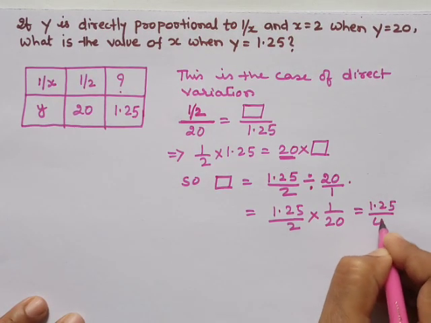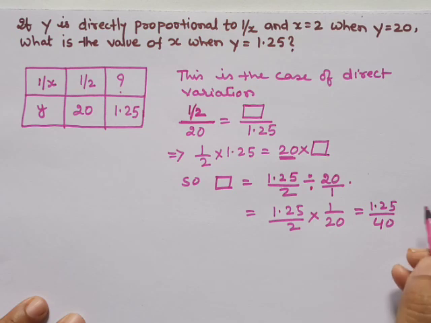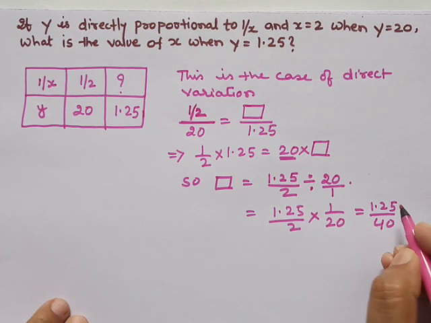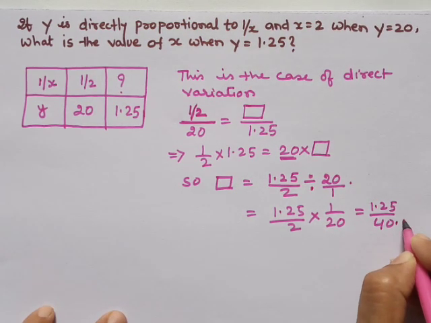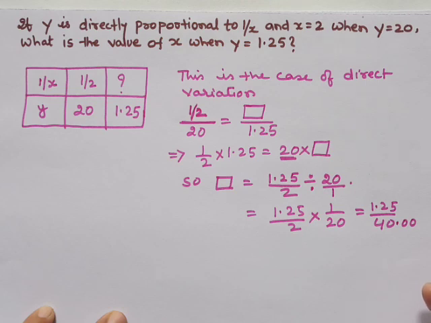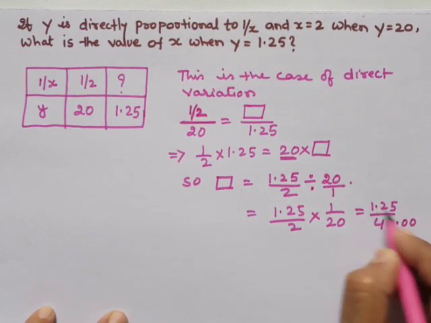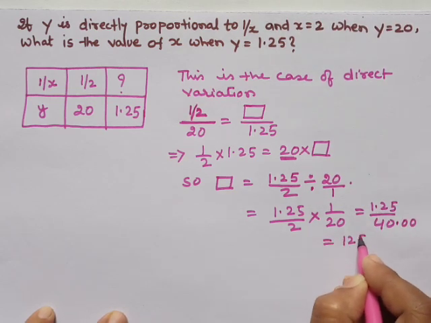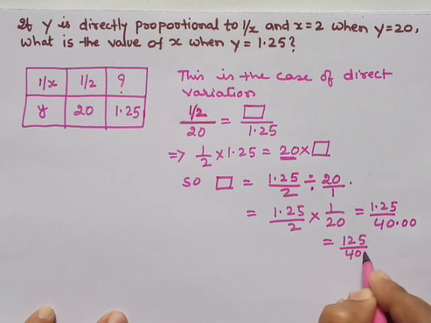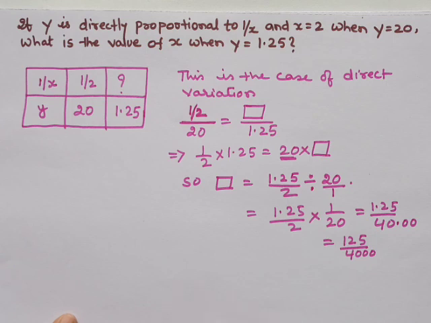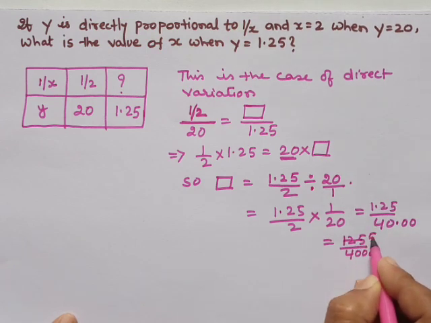1.25 by 40. Now see, put a point here and make them like decimals. If you make them like decimals, now you can remove the points. You will get 125 by 4000. So see how you can cut this off. See, 25 5s are 125.